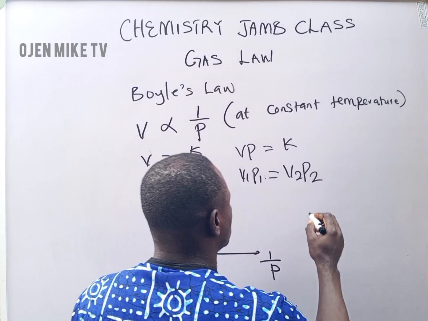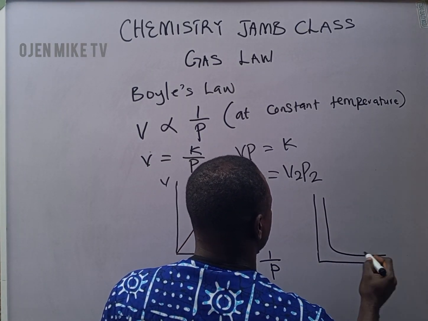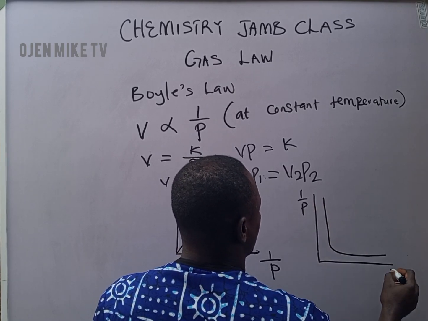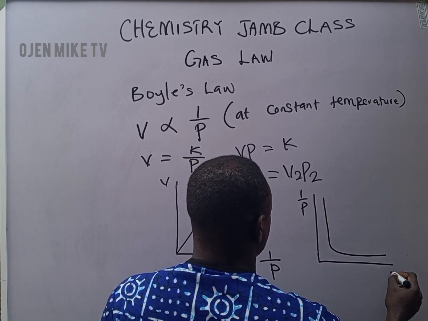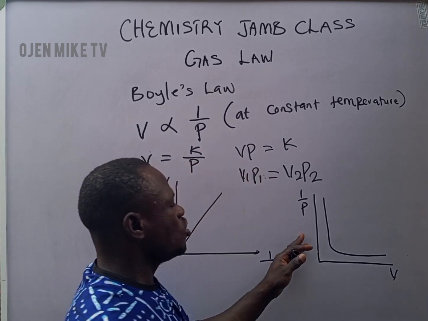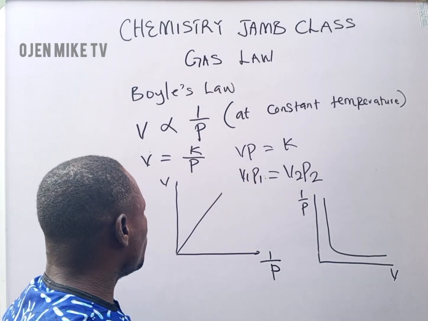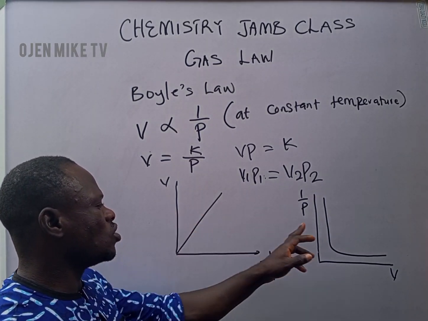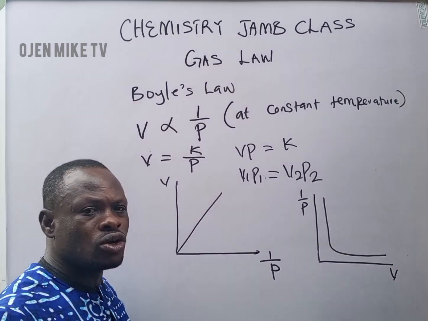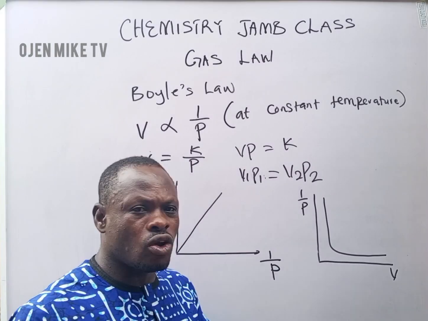You can also represent it this way: a graph with 1 over P and V. If you see a graph like this, it's also a graphical representation of Boyle's law. You can even see the one that has volume and pressure. But by the time you see a volume and T, it is no longer Boyle's law.